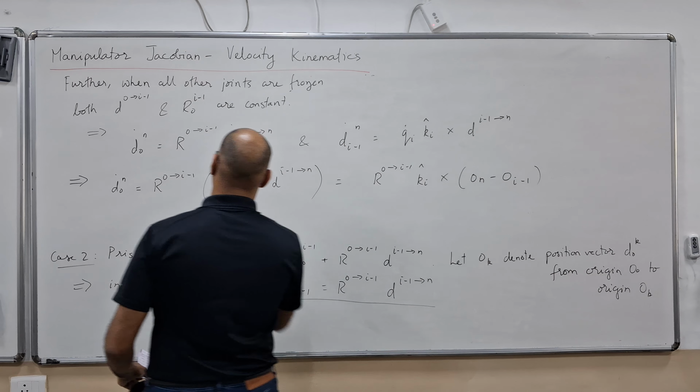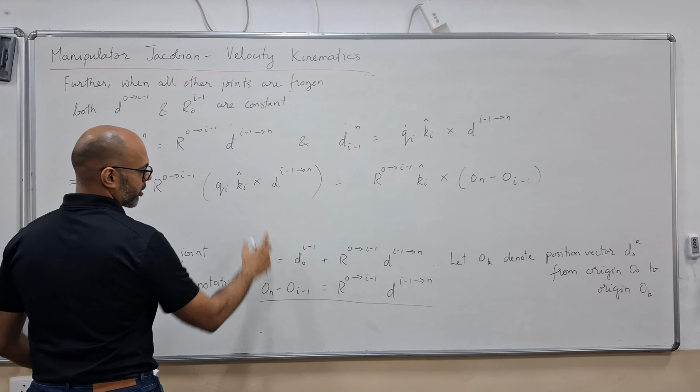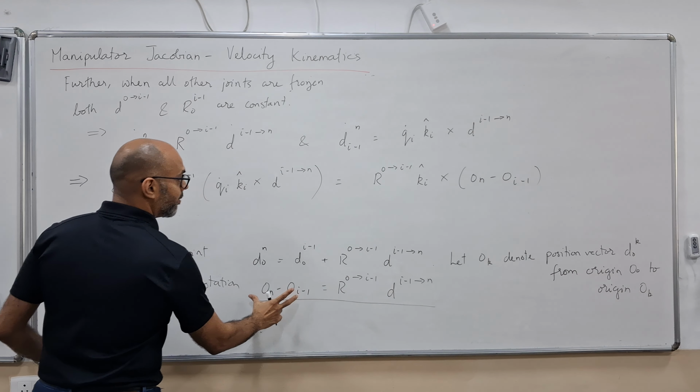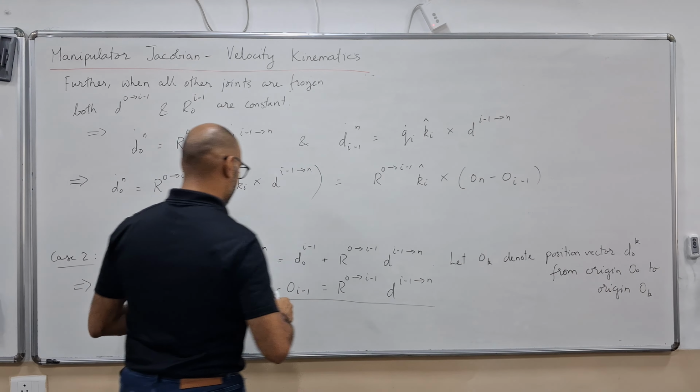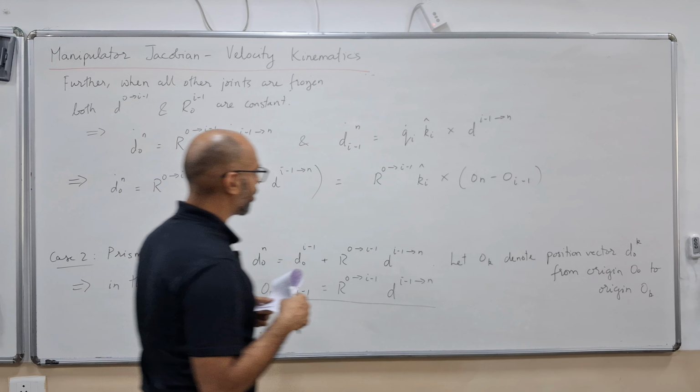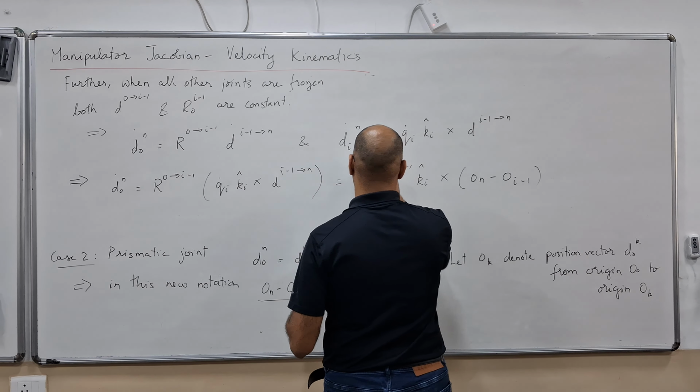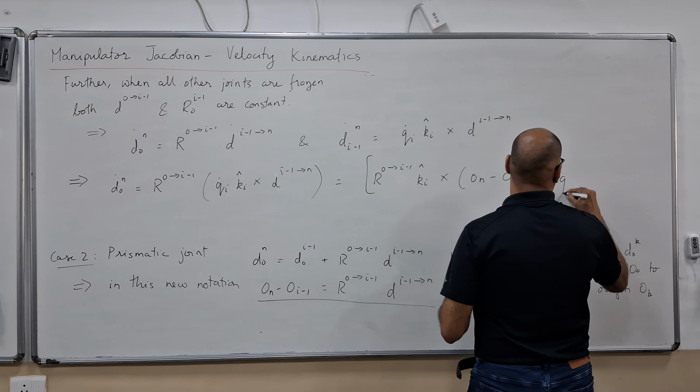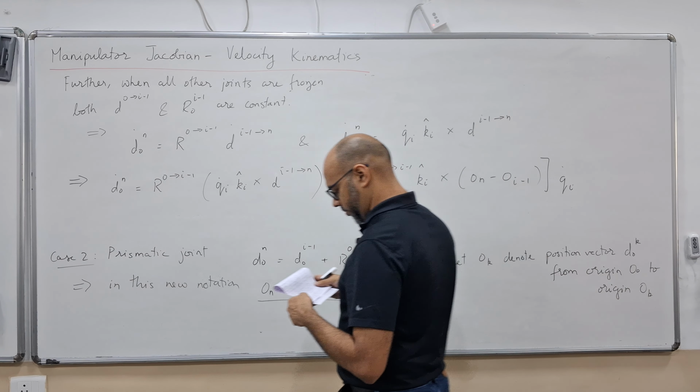So we simply used the second term in this cross product, substituted on minus oi minus 1, and there is still a qi dot remaining. So this whole thing multiplied by qi dot.